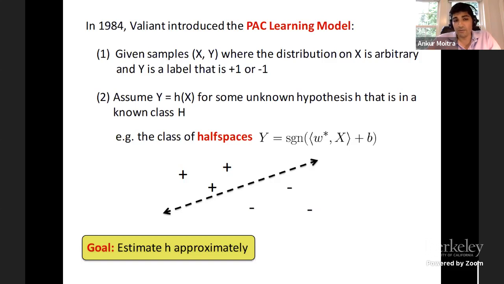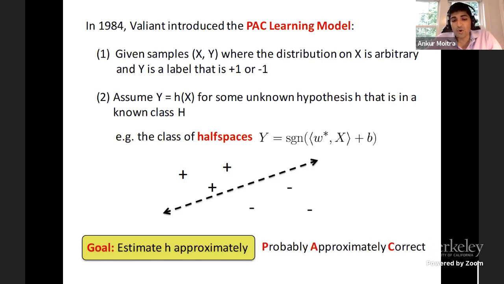So that was your generative model. You get to push a button and you observe x, y pairs. And your goal is to estimate h approximately. So what do I mean by that? You can't really hope to learn the true hypothesis because even in the simple example, there are other linear separators that perfectly fit the data. So instead, your goal is to estimate h approximately. You want to output another hypothesis, h hat, that has the property that it almost entirely agrees with the underlying hypothesis h.